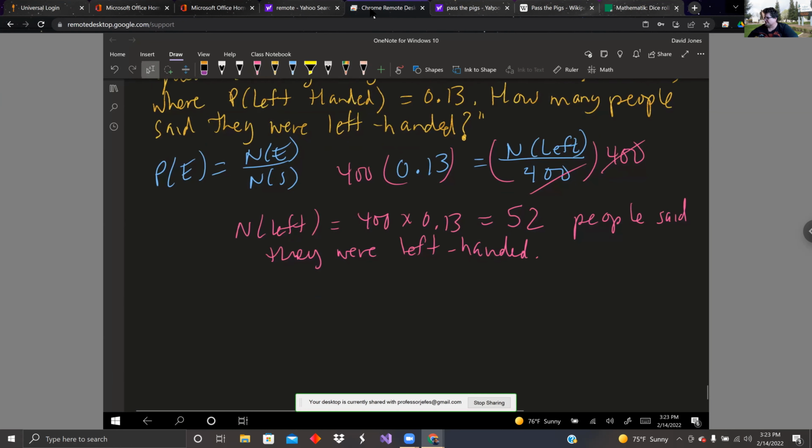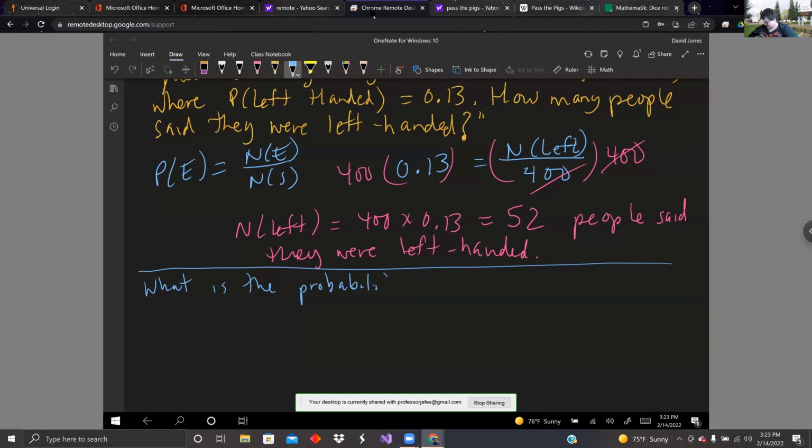They might ask you stuff related to a deck of cards. What is the probability that a random card drawn is a diamond?